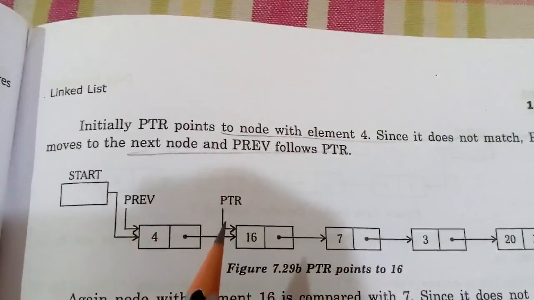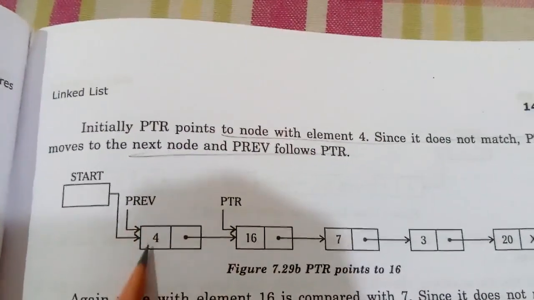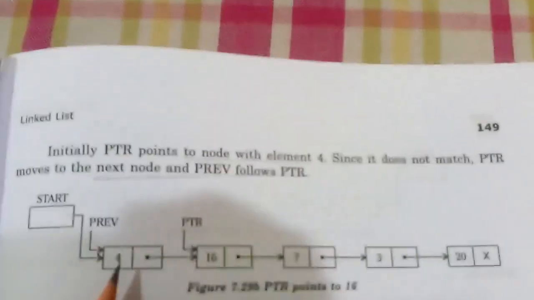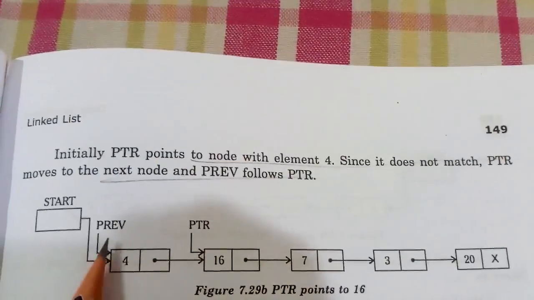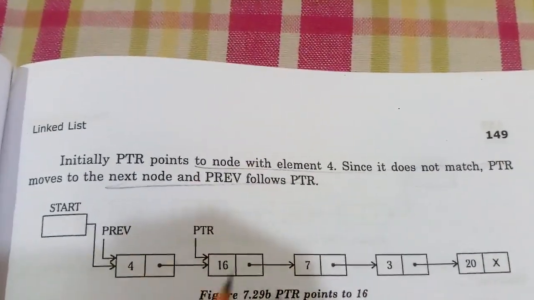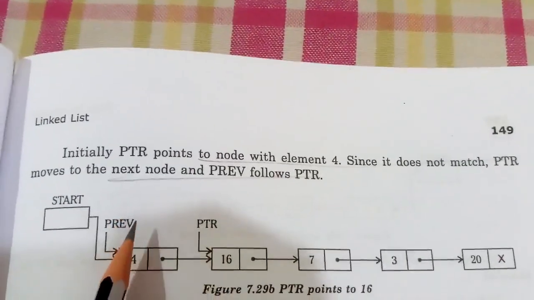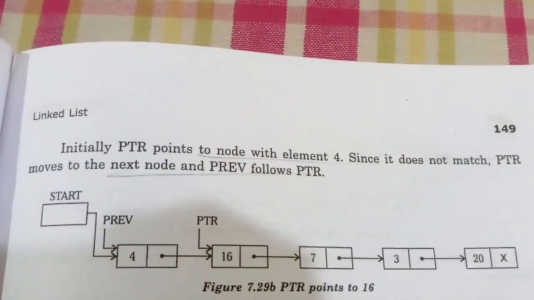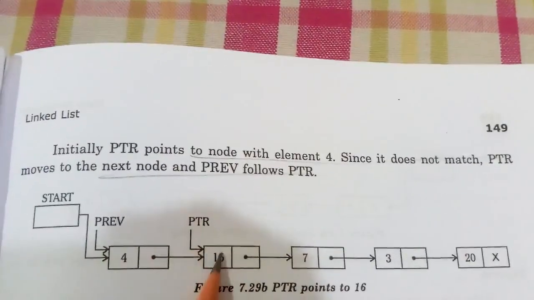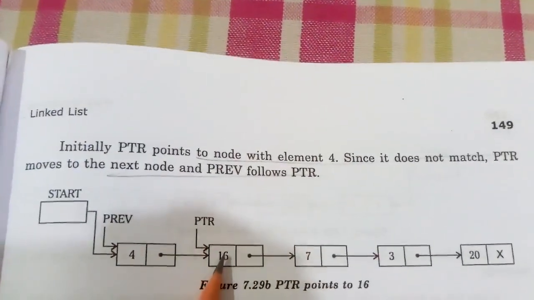Initially ptr points to the node with the element 4. Since it does not match, ptr moves to the next node and the previous follows ptr. Now ptr points to 16.